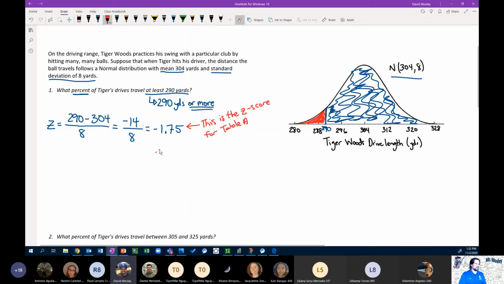So we get 0.0401, that's this thing over here. 1 minus 0.0401, or 100% minus 4.01%, will give me the proportion in blue, which is going to be 95.99%.